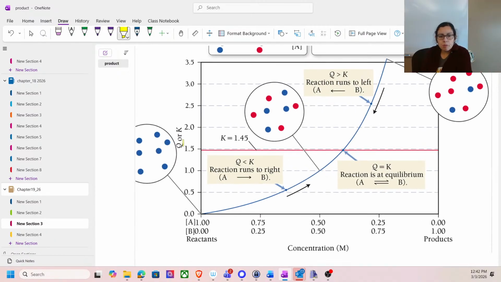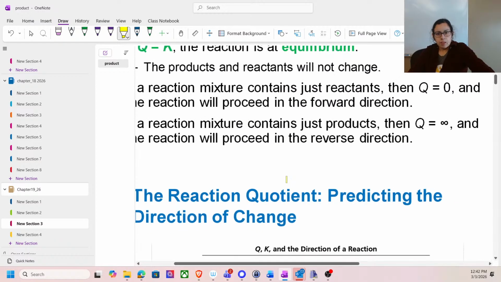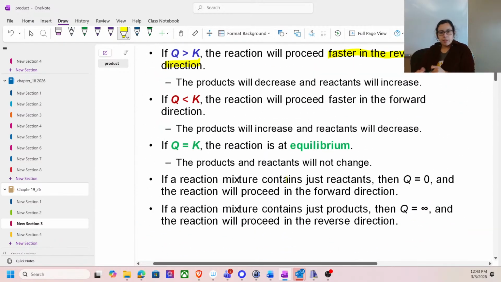We're trying to figure out where we are on our equilibrium curve. This is our K, our equilibrium value, and this is our reaction proceeding around. If we're over on this side, Q is greater than K, so it's going to go to the left to form more reactants. We'll get both the graph and the text.